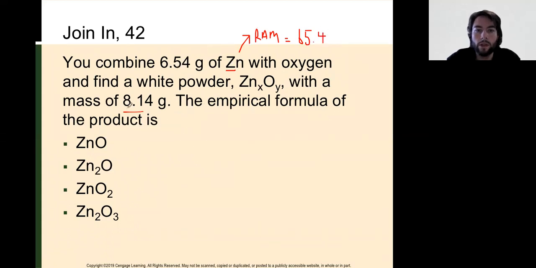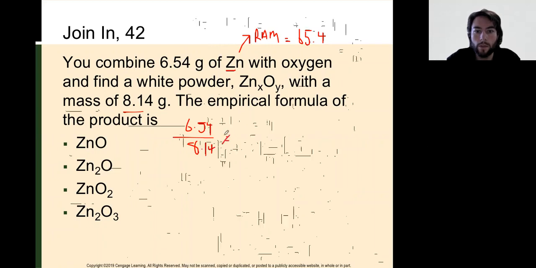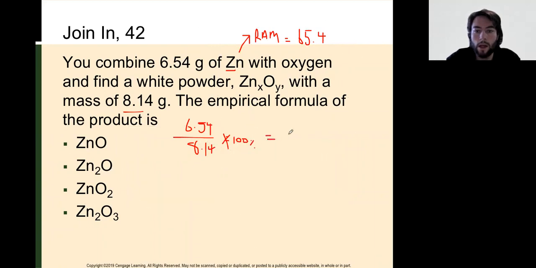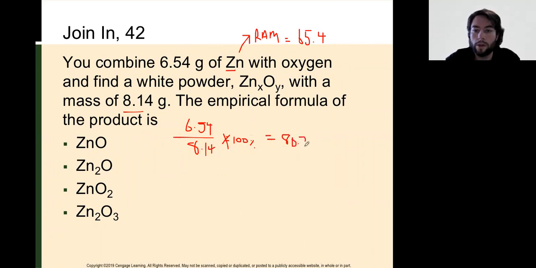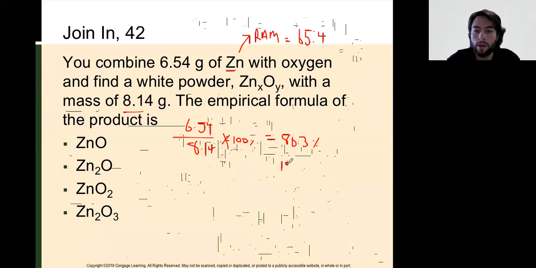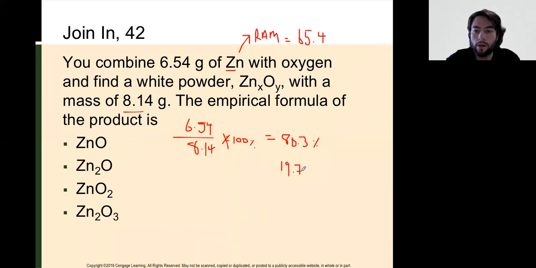So what percentage of this is zinc? 6.54 divided by 8.14, times 100%, is going to be 80.3%. So the remaining 19.7% is oxygen.